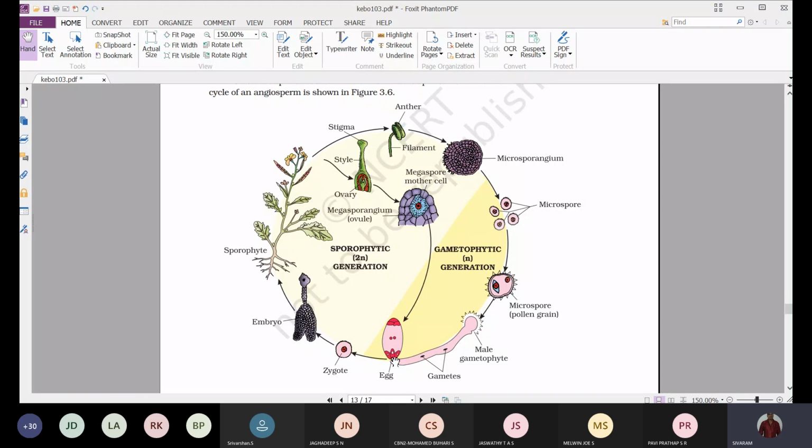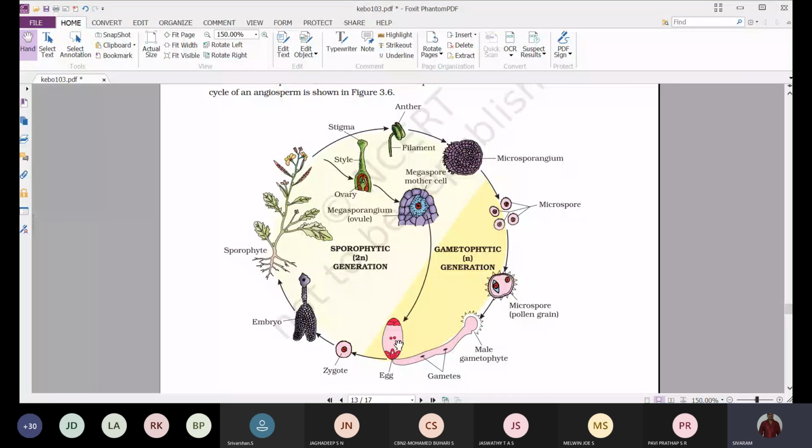Once it enters into the embryo sac, the tip of the pollen tube is ruptured and it discharges the 2 male gametes. We can see here 2 male gametes, or 2 male nuclei, are discharged into the embryo sac.